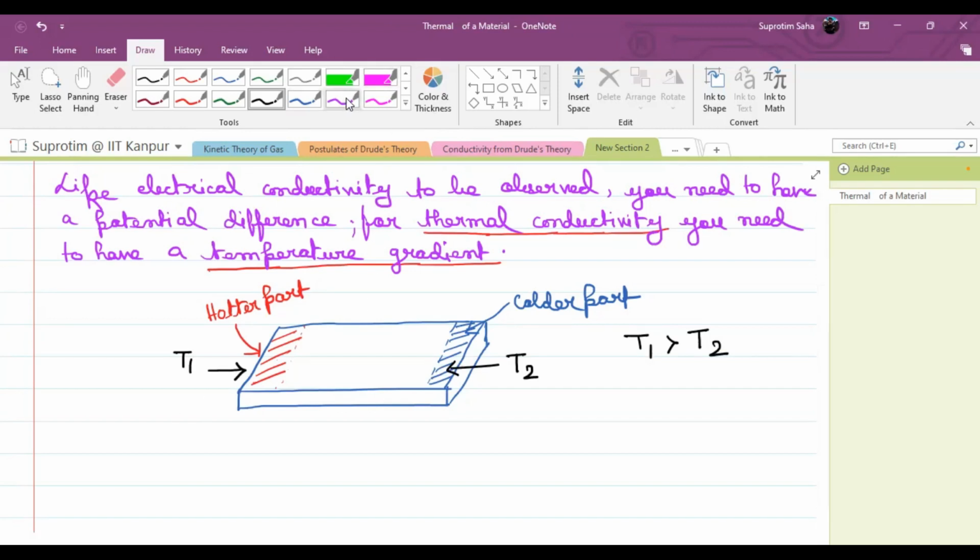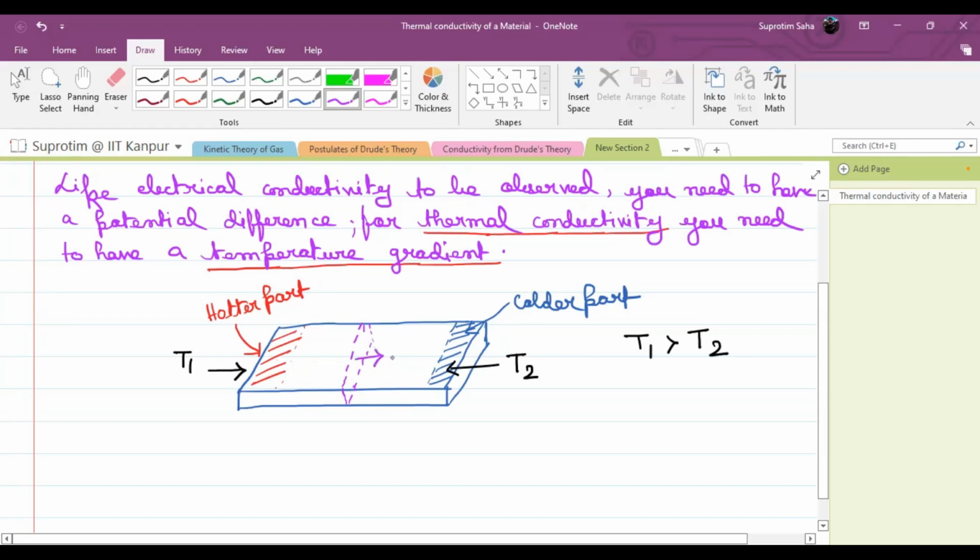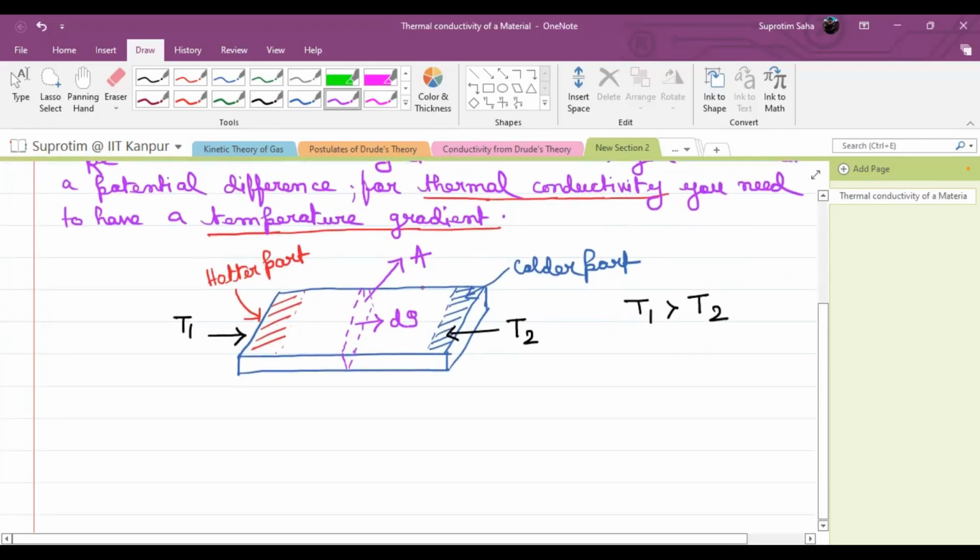You're going to see this transfer of heat energy across a cross section. The cross-sectional area here is denoted by A. So this is your basic schematic where one part of the sample is hot and the other part is cold, and you have a temperature gradient.